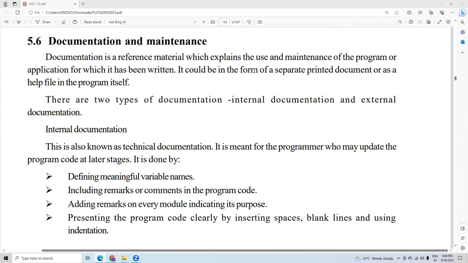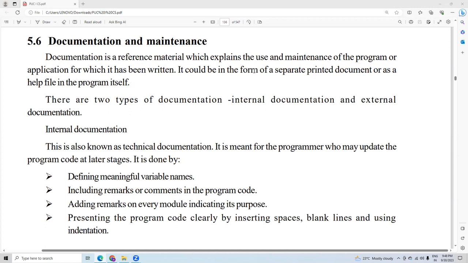In the same way, that user manual, here we call it documentation material, which will help the user to understand how to use the software or program, and how to do the maintenance of the program or application for which it has been written.